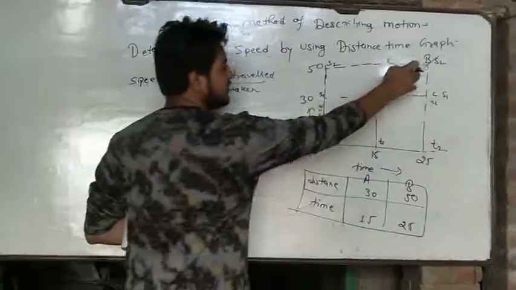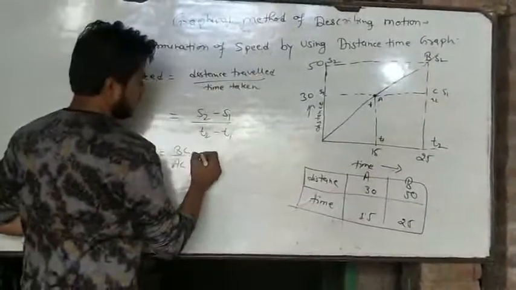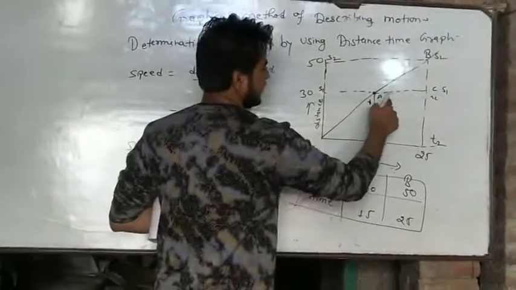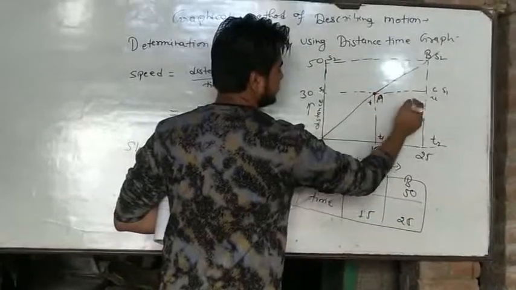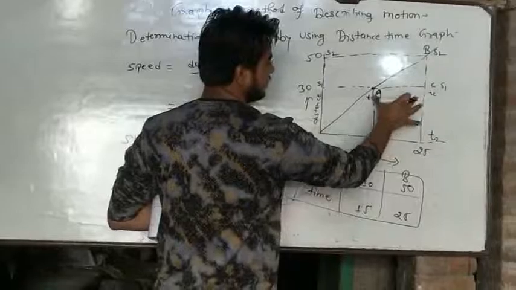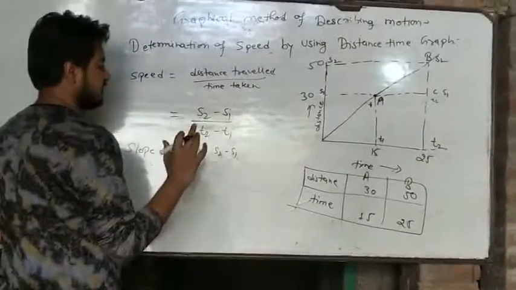So BC is equal to S2 minus S1, and AC is equal to T2 minus T1, the difference of both.